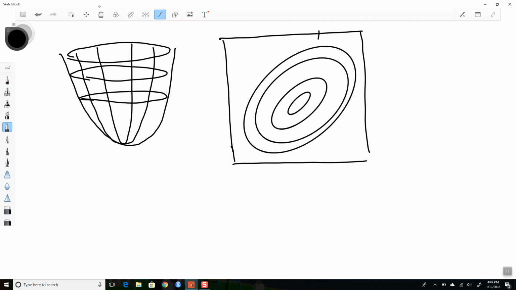If we are at some location here, the gradient at this point is going to be a vector that says this is how the paraboloid increases, right?